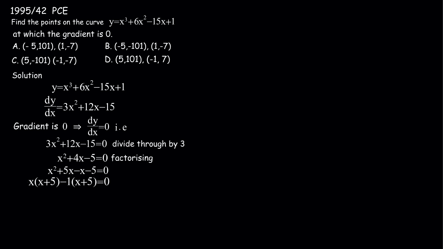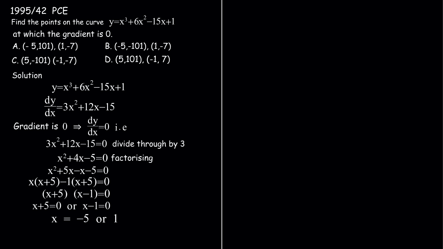Factorizing further, it becomes x into (x plus 5) minus 1 into (x plus 5) will be equal to 0. Factorizing again, it becomes (x plus 5)(x minus 1) is equal to 0. Therefore, x plus 5 will be equal to 0, or x minus 1 will be equal to 0. When x plus 5 equals 0, x will be equal to minus 5, and when x minus 1 equals 0, x will be equal to 1.